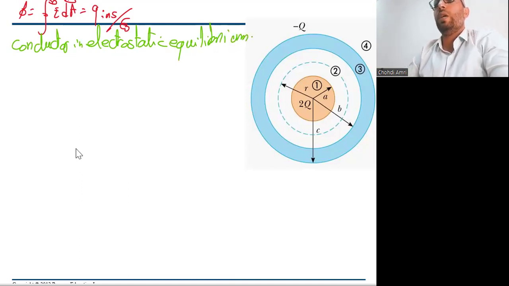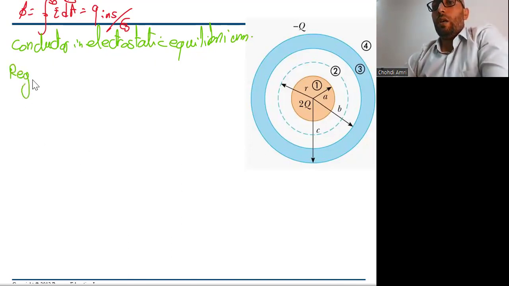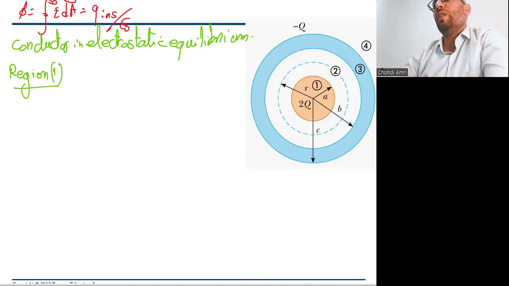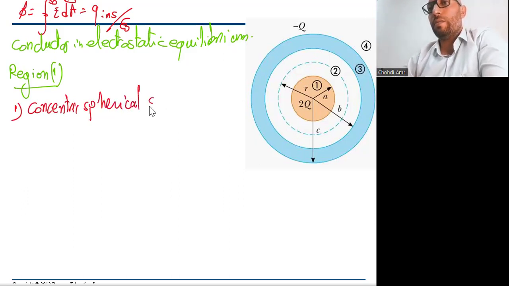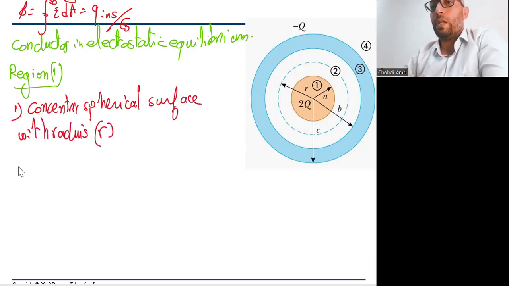The Gaussian surface in all the regions is the same, because we have a spherical configuration. Let's say the Gaussian surface is a concentric spherical surface with radius r. Next, region 1.